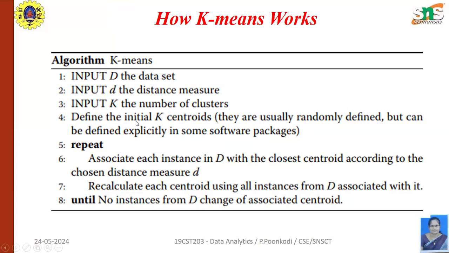First, we define the k centroid values. Then we repeat until all the objects are grouped into clusters. Next, we associate each instance in the data set with the closest centroid according to the chosen distance measure, and recalculate the centroid using all the instances from the data set associated with it. This is repeated until no instances change their association.